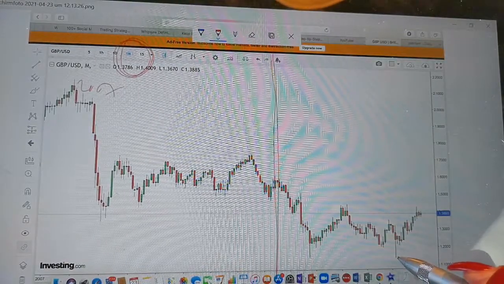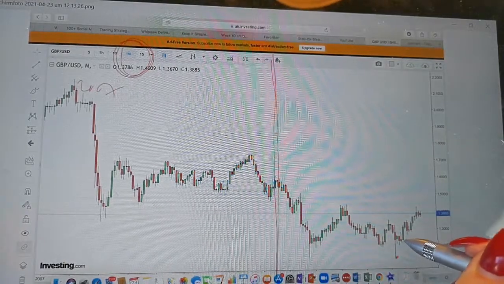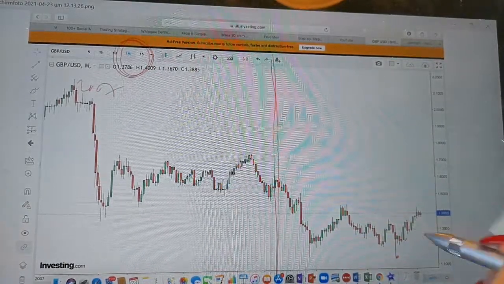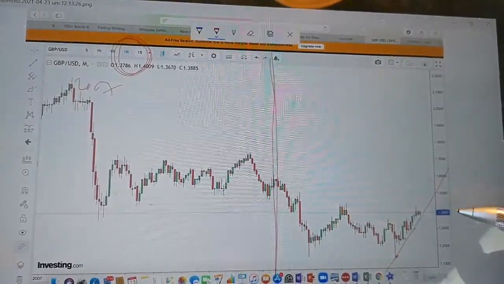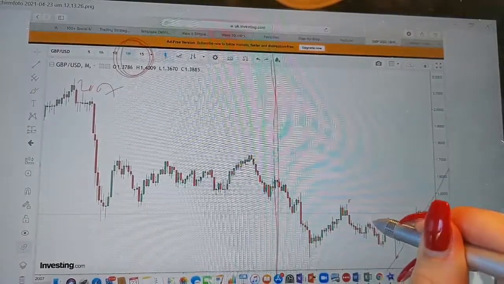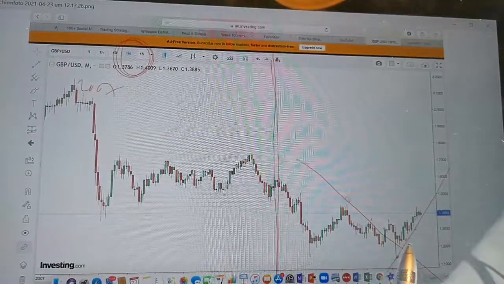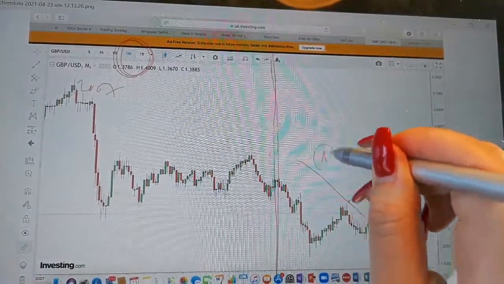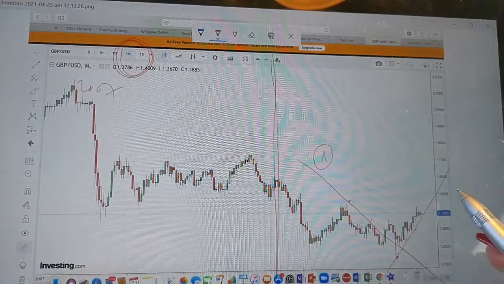That means I basically draw a line. I connect these dots here. The higher lows lead to an uptrend. Lower highs basically lead to a downtrend. And in between I see people formed something like a bottom and they went up with the price.